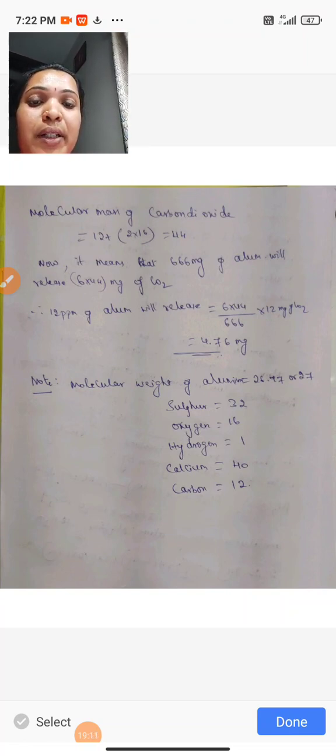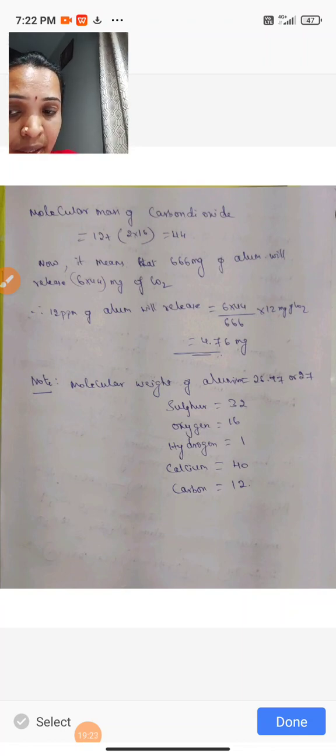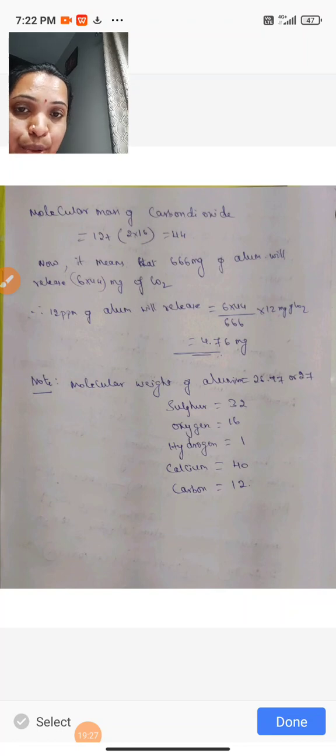Now it means that 666 milligrams of alum will release carbon dioxide. How much carbon dioxide is released in the chemical reaction? That is 6 CO2, that means 6 into 44.